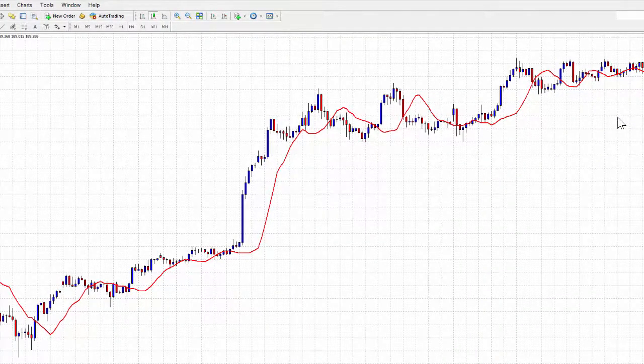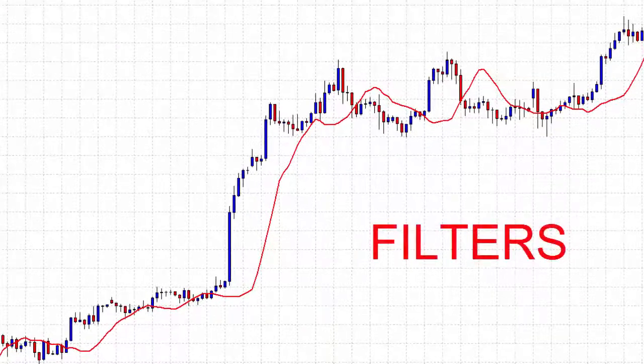Now, the one we're going to be looking at today, we're going to be adding a lot of filters. The filters are basically things like, what if we use a stop and a target? Does that improve profitability? What if we only trade on certain days of the week? So we ignore crossovers that occur in the days that we don't trade, and we take the ones that we have identified as days that we want to do trades.